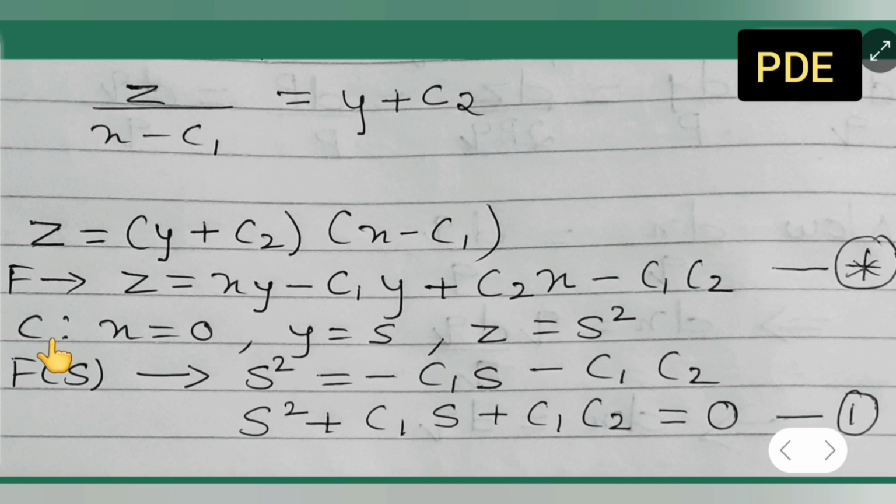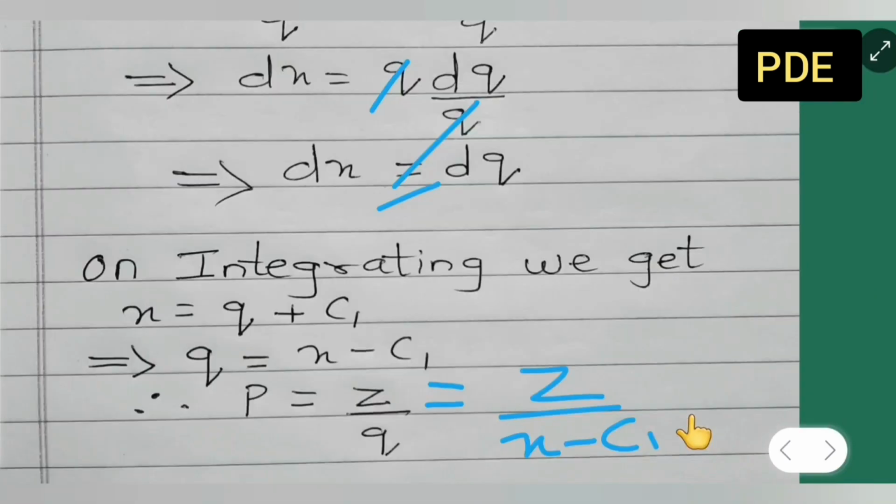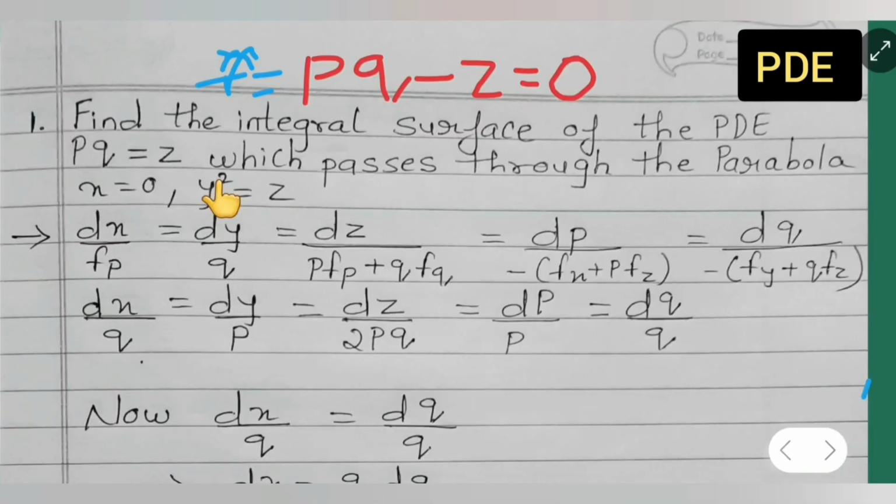Then now these are the conditions, okay. x is equal to 0 I have taken, y is equal to s I have taken, and z is equal to s square. So what was the condition? x is equal to 0, y square is equal to z was the condition.